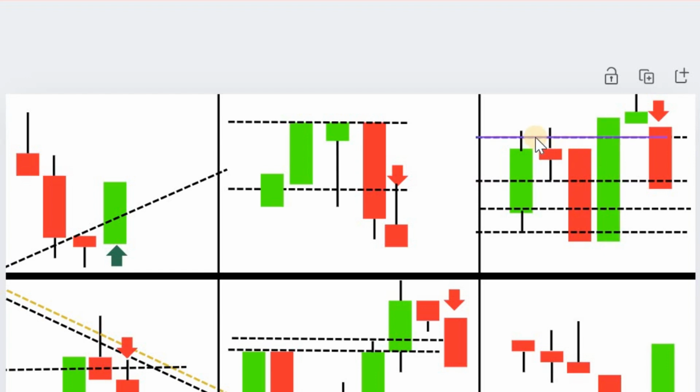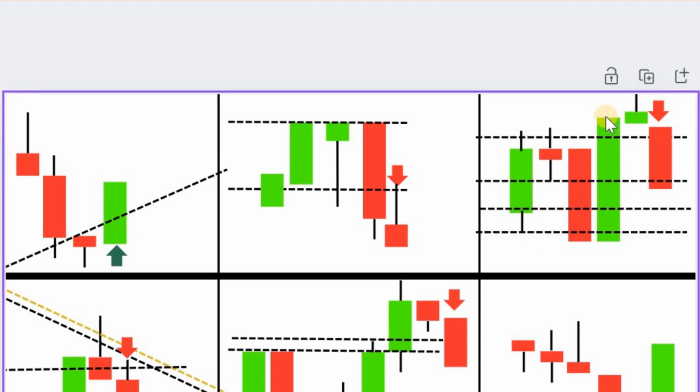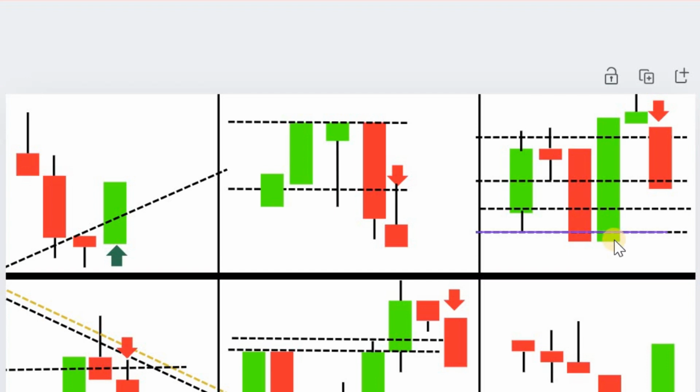Why? Because this support and resistance is being formed by one, two, three, most probably four, five candles at the left. But this green candle here is just one candle, and the strongest part of this green candle is not at the closing price, it's at the opening price.